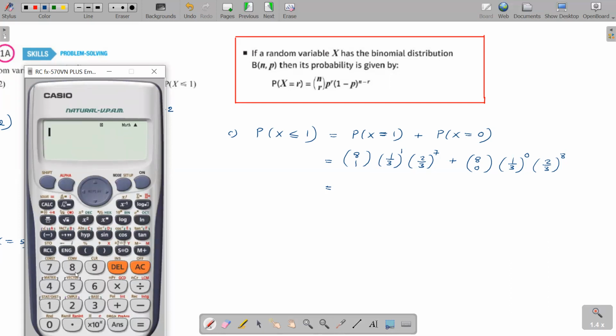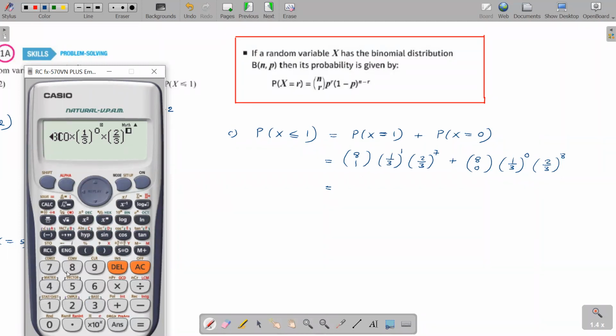So let's get it. 8C1 times 1 over 3 to the power 1 times 2 over 3 to the power 7, and then plus 8C0 times 1 over 3 to the power 0 times 2 over 3 to the power 8, right?